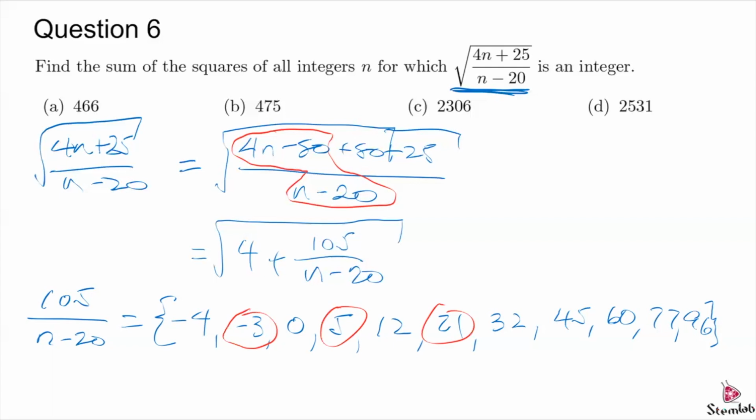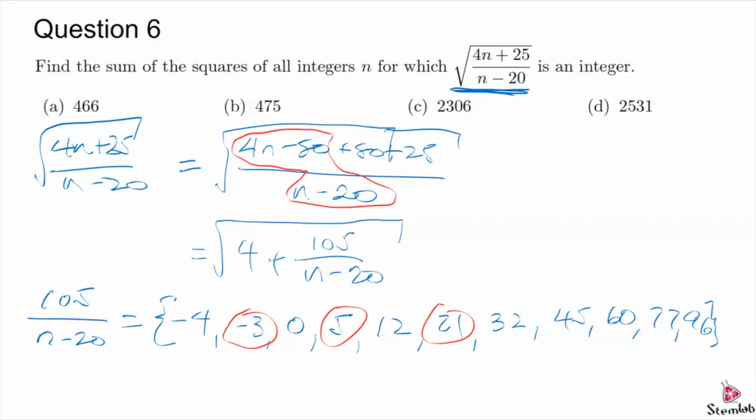If those are the only integers that are factors of 105, then we can start solving for what n is. Let's do it here on the upper left.